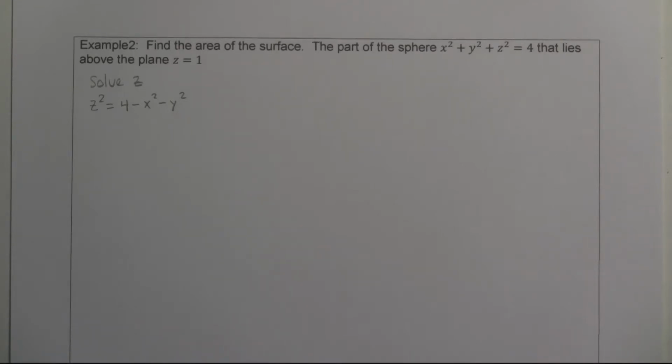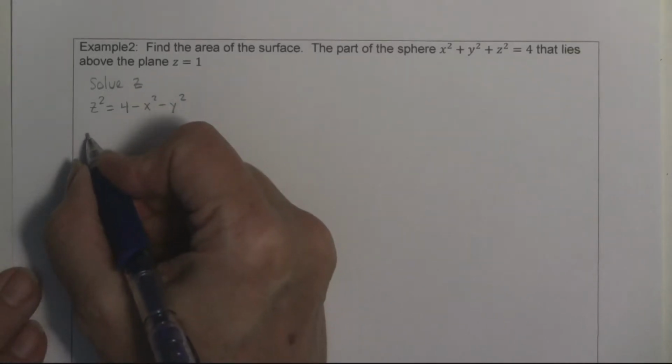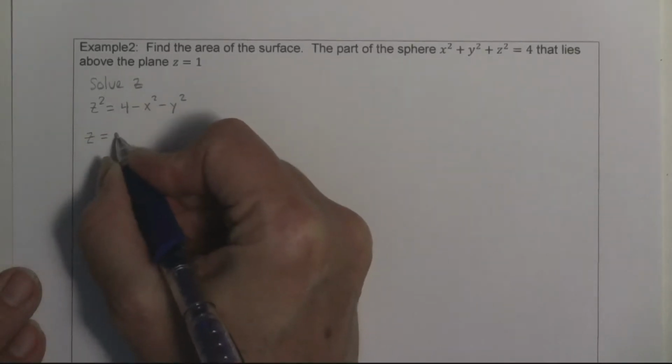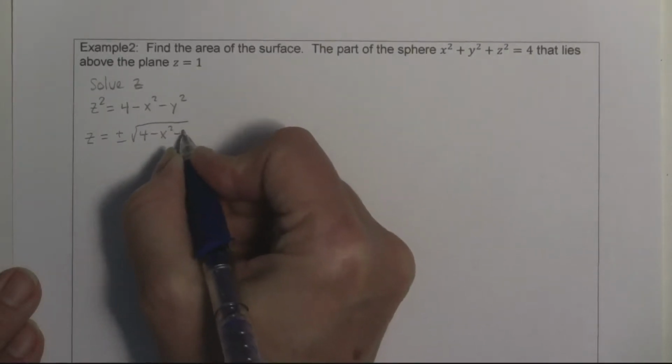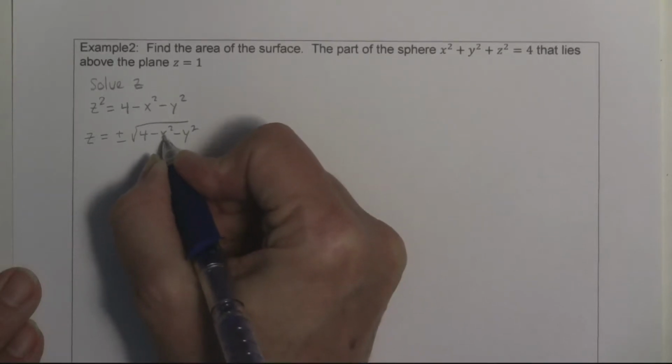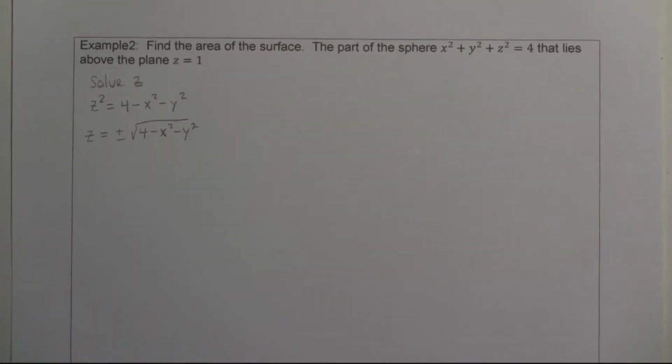Okay. So when I take the square root, z equals plus or minus the square root of 4 minus x squared minus y squared. They want the part of the sphere that lies above the plane z equals 1.